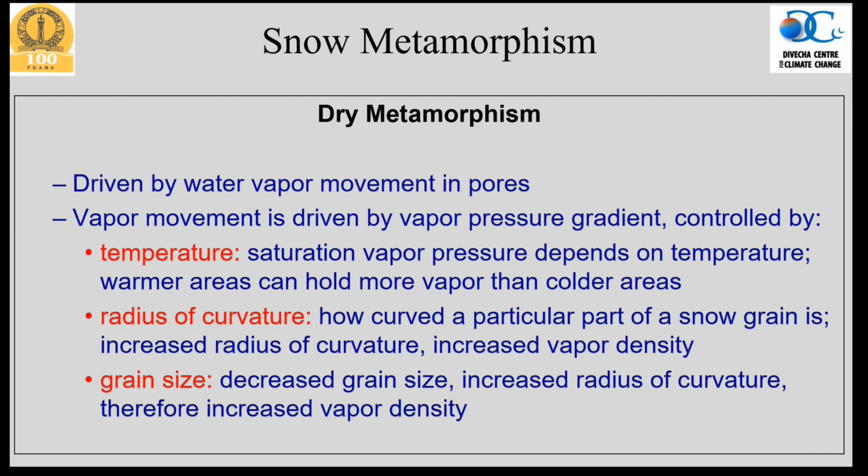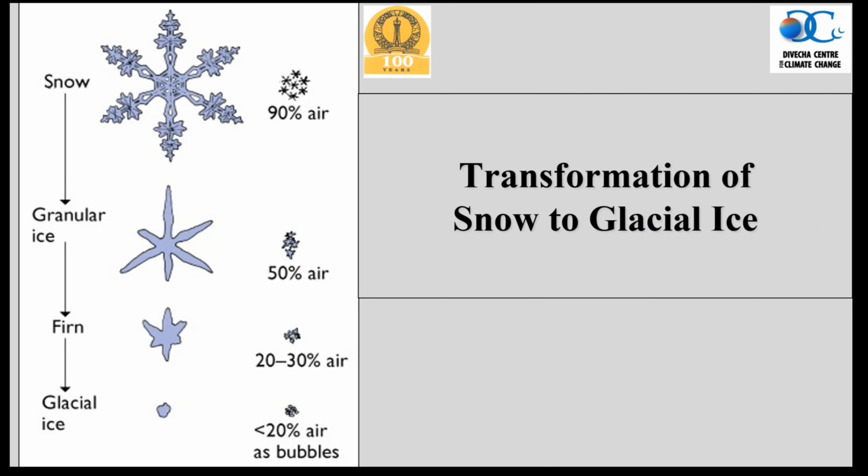Radius of curvature matters too: as the grain size decreases, the radius of curvature increases, and therefore the vapor density increases. This is the idea of how transformation starts.